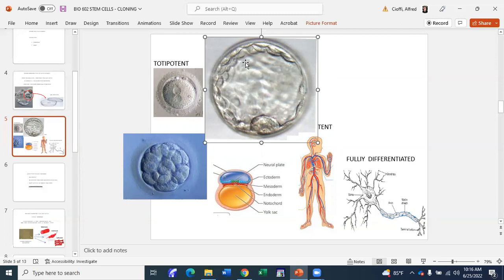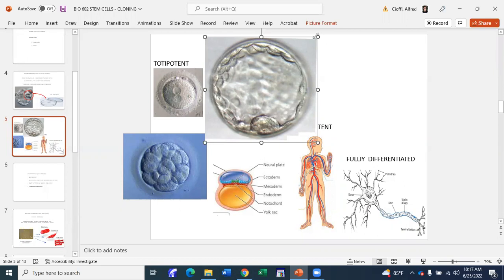This means that, in principle, a trophoblast blastomere is restricted, can only become placenta and will not become part of the embryo itself. Whereas the ICM will become the embryo himself or herself, but would not become the placenta.